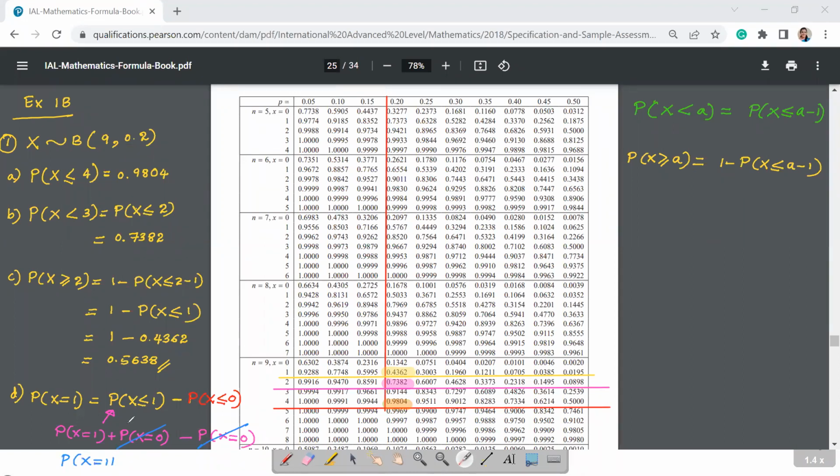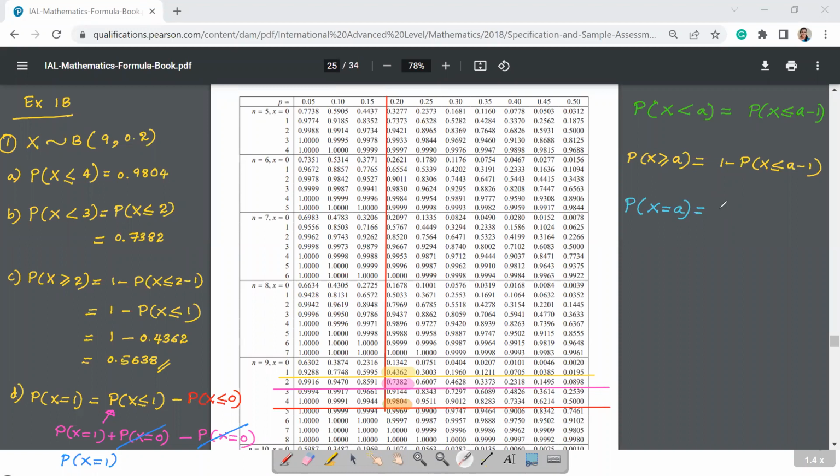So if you want to find the probability x is equal to 1, all you need to do is subtract the probability x is less than or equal to 1 from the previous probability. Is this clear? So I'll give you one more general rule in that case. If you want to find the probability x is equal to a by using the table, please write down this general rule.